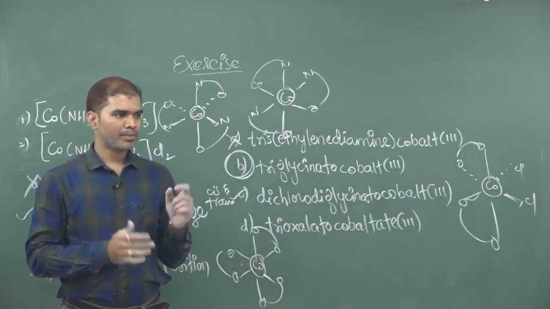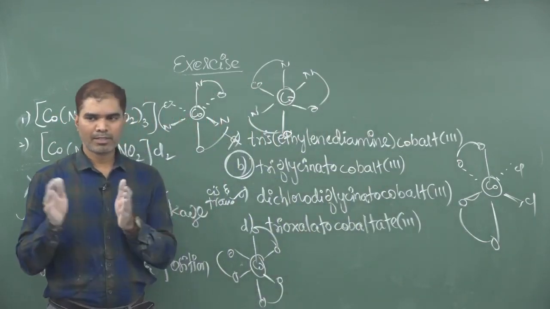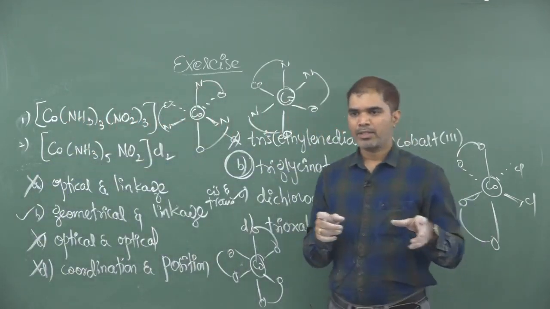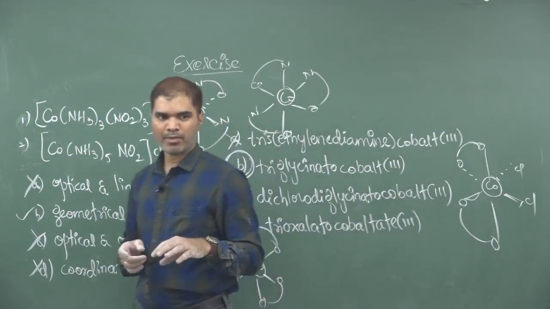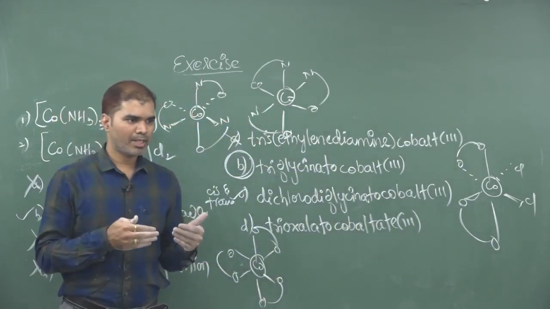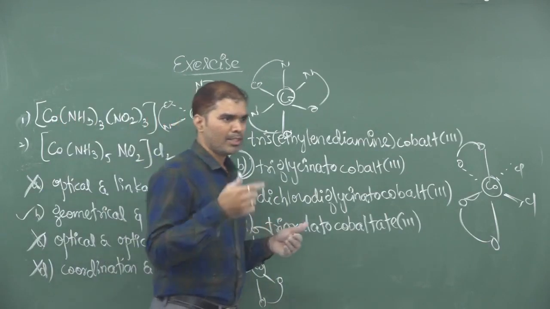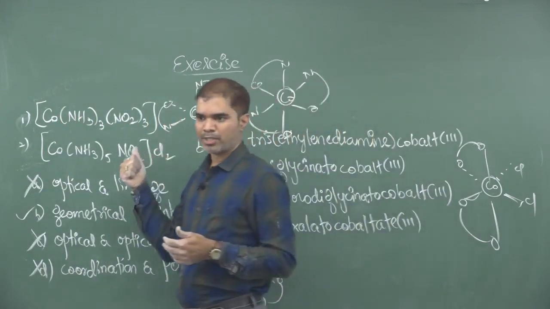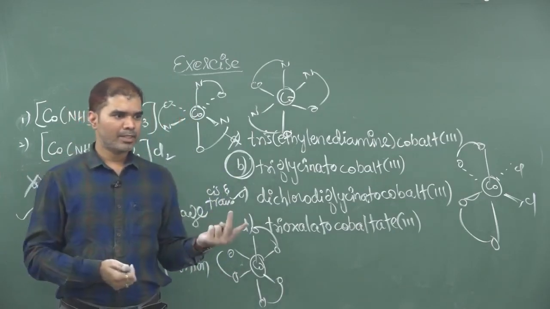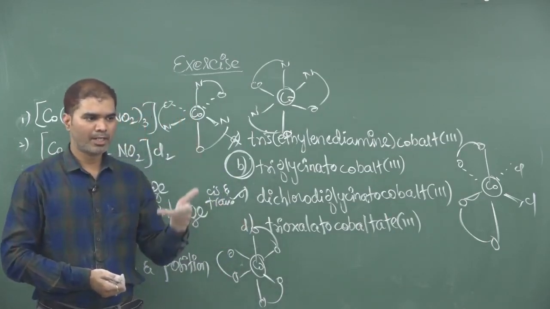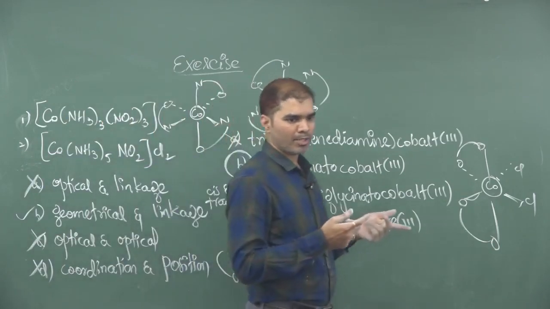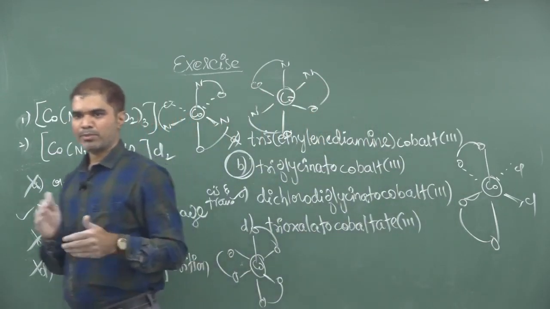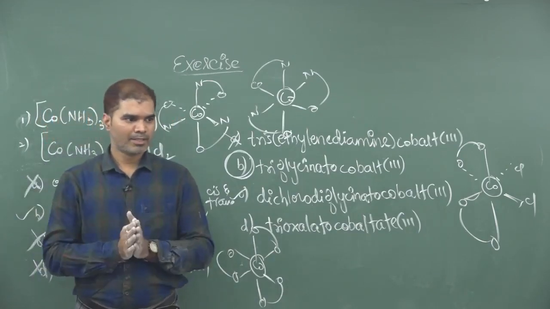Questions will definitely appear from Werner's theory as to how many charges are there, how many ions are there, how many chlorines have primary valency, or whether it has dual valency and so on. Werner has introduced the concept of isomerism. So we are studying all different types of isomerism, constitutional as well as stereoisomerism. In constitutional, we have seen 9 different types of isomerism. In stereoisomerism, we have seen 2 different types, geometrical and optical, right? So from the next class, I will be starting with some other theories, right?